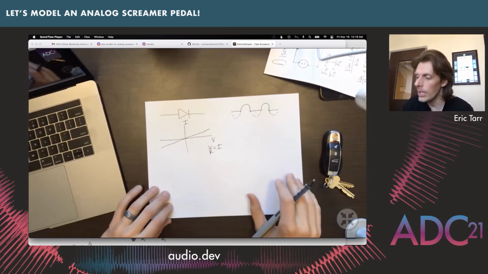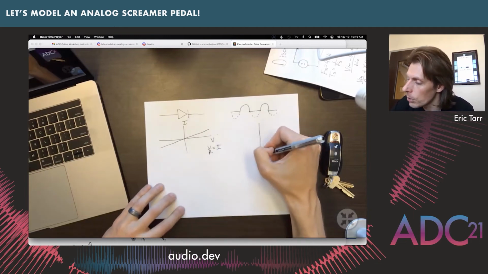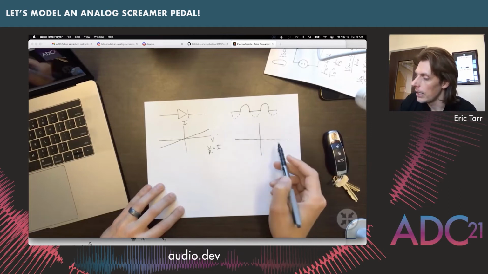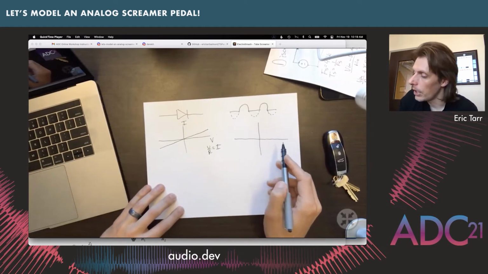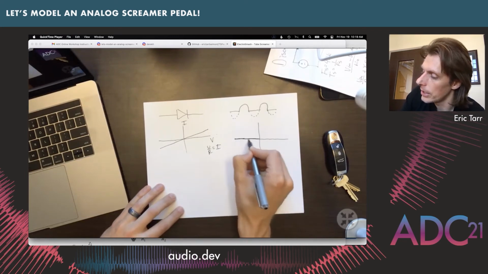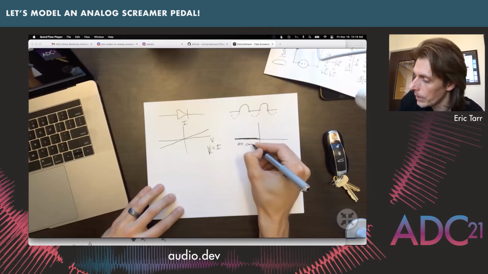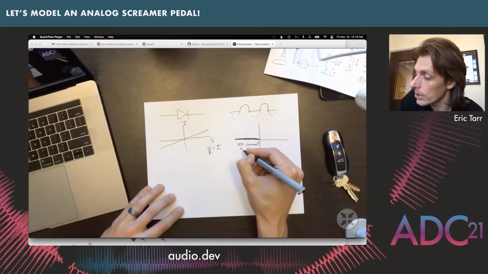When it comes to a diode, we have a different sort of relationship. We will have no current that flows through when we have a negative voltage. So no current, which means we have an open circuit.